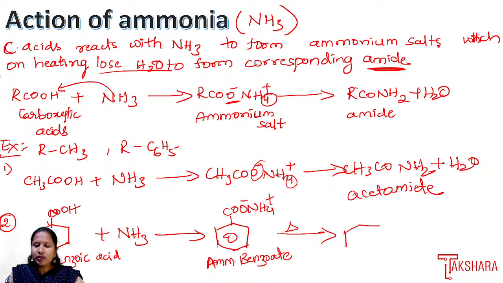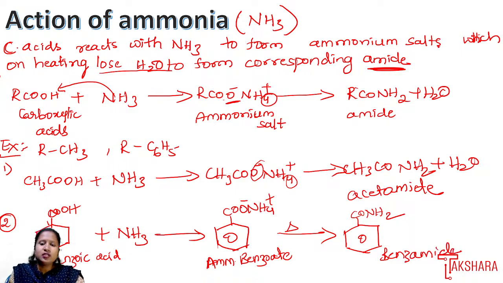Okay, so we will get the product what? For benzene ring, CONH2 is attached, called as benzamide. Okay, so these reactions also involve cleavage of the CO and OH bond. So this is how ammonia is going to act with a carboxylic acid. And here a water molecule is going to be removed.